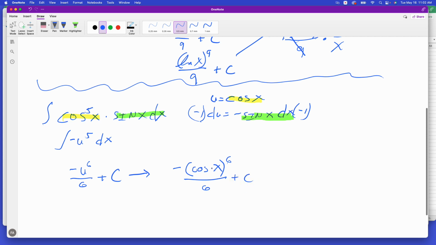We don't normally write it that way with the parentheses with the trig functions. Normally we write it like this: negative cosine to the 6th power of x over 6, and then plus c on the outside. That's how we normally write that. But all that means is cosine to the 6th power over 6. Those are the same statement, and one's not really wrong. It's just that this second one down here is standard notation.